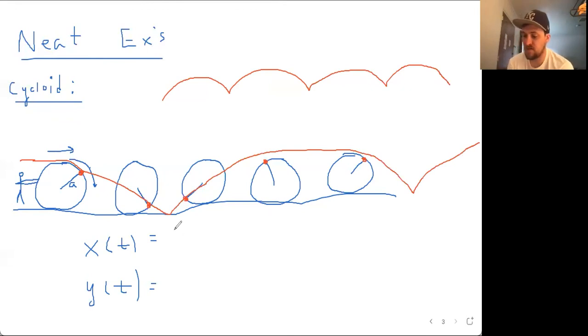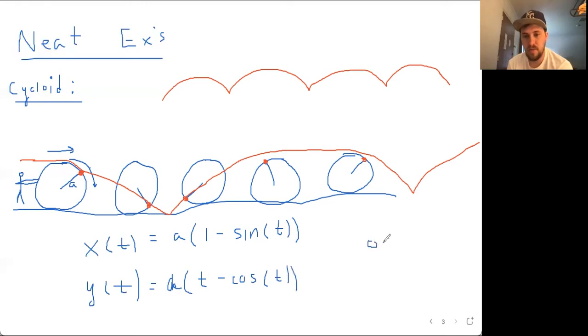And the parameterization for a cycloid for a circle of radius a is x equals a times (t minus sine t), y equals a times (1 minus cosine t). And this parameter is bounded between 0 and 2 pi, since we're dealing with periodic motion here.